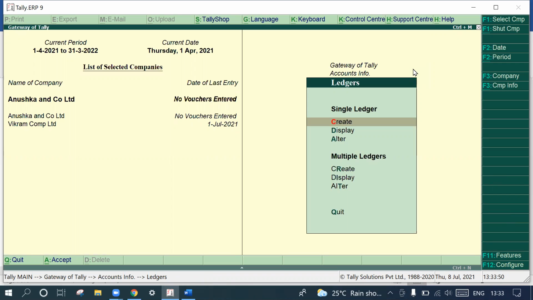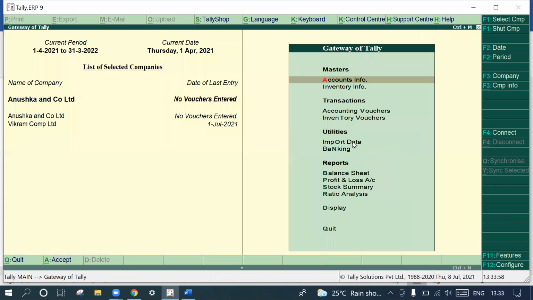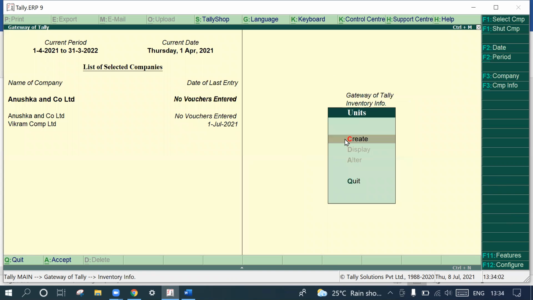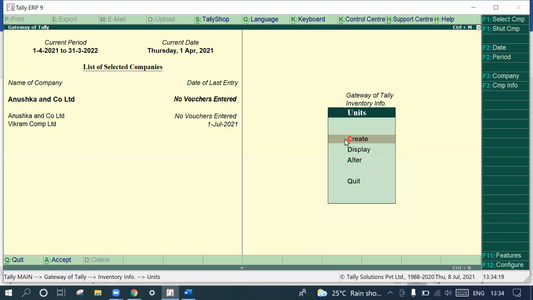Now we have created the ledgers, and also create the inventory information. That is first units of measure, create numbers. Enter, escape.